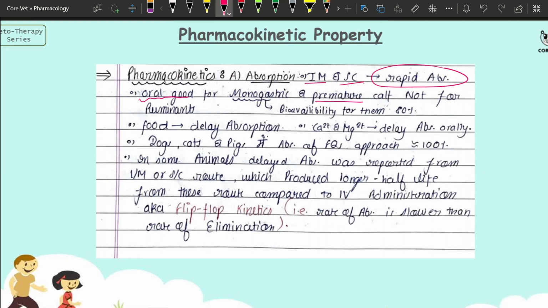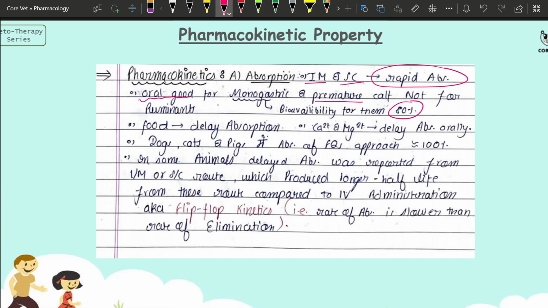But in the case of the mature calf, the rumen is already developed. The microflora is there in the rumen. It will lead to the degradation of the fluoroquinolones itself in the rumen, right? That's why the oral route is not prescribed for the mature ruminants, right? And the bioavailability in the case of the monogastric is about 80%.